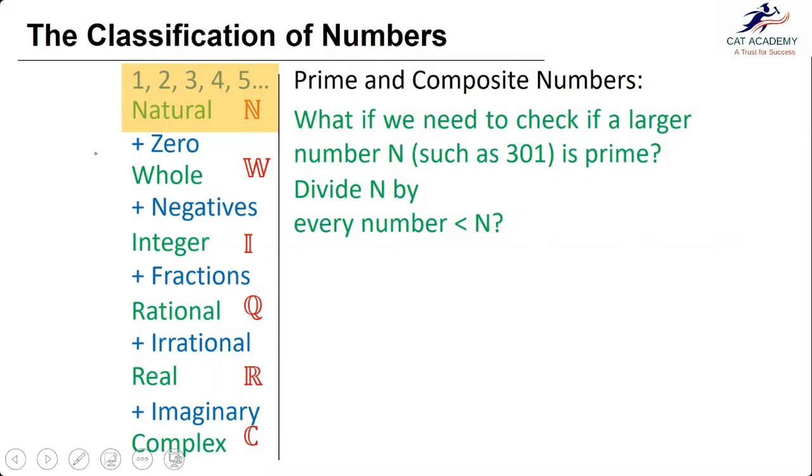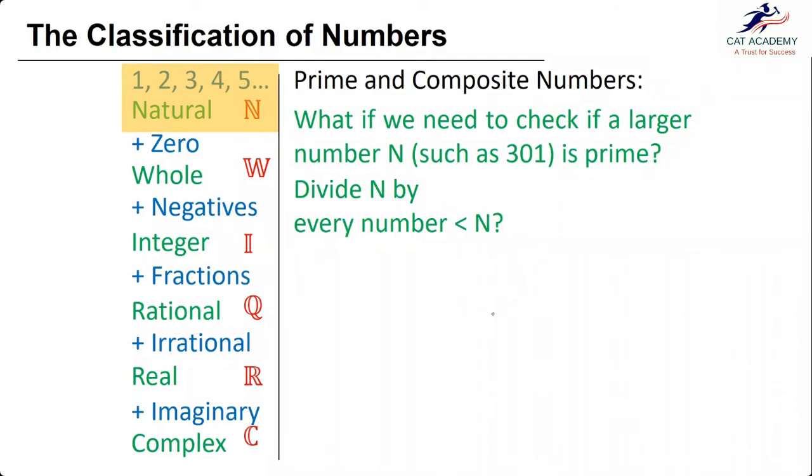Will I go on by dividing every number till n? For example, to check if 301 is divisible by any number or not, what should I do? Should I try all the numbers till 301, including 100, 101, 102, 103, all the numbers?